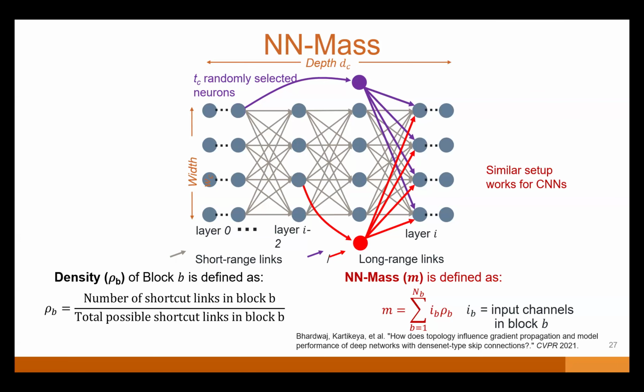And the idea is to associate to the neural networks a certain mass, which is density, and you can think of this as an equivalent of a volume, which comes from the product of width and depth. So we don't look precisely at the topology like an adjacency matrix, but we look at this through the statistical properties that are important to this density and to this NN mass.